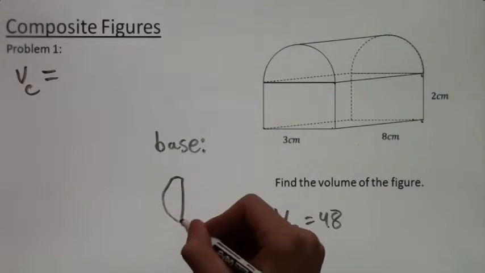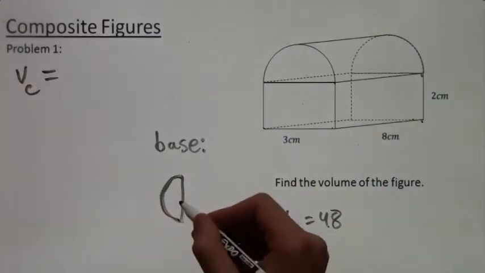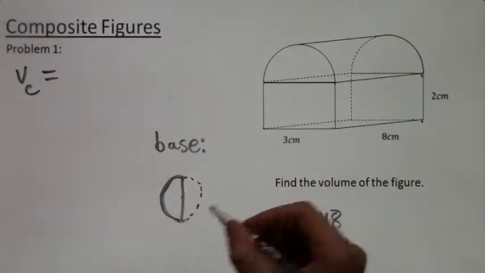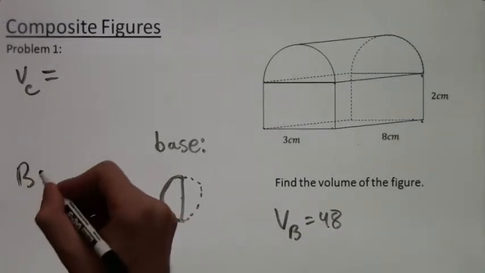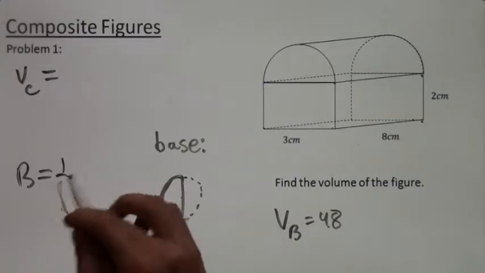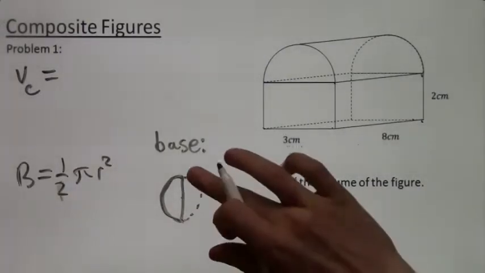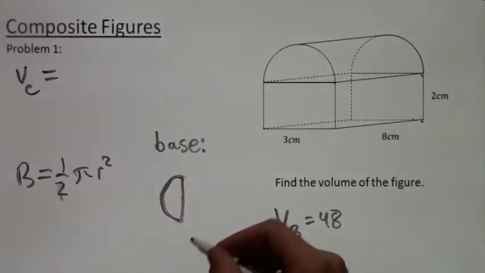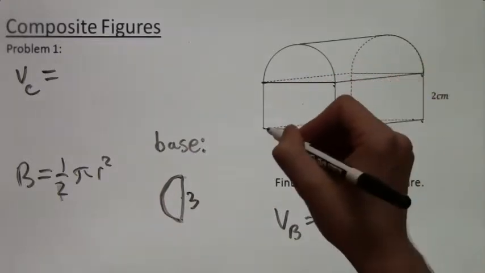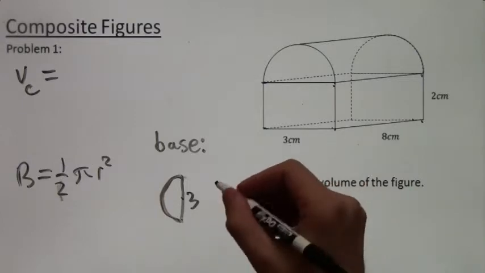So here's the semicircle, but you could pretend like there's another equal half on the other side. It doesn't exist in this drawing. So the base area is 1/2 pi r squared, 1/2 because it's only half of that circle. See, I erased the other half. And that is the base. And we have diameter 3 because of that rectangular side. That 3 centimeters is also the diameter.